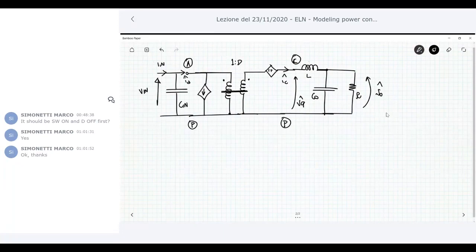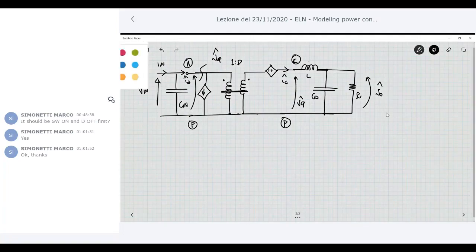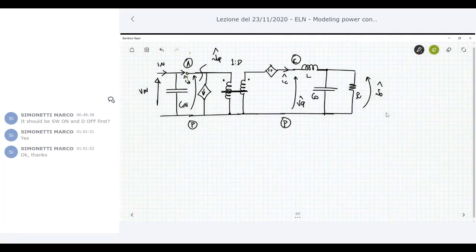VAP is here, indicated in this way. So we have replaced our switch network by our AC model, which is a small signal model. Okay, so we have to analyze this circuit now. And the same operation you can do for all kinds of other converters.